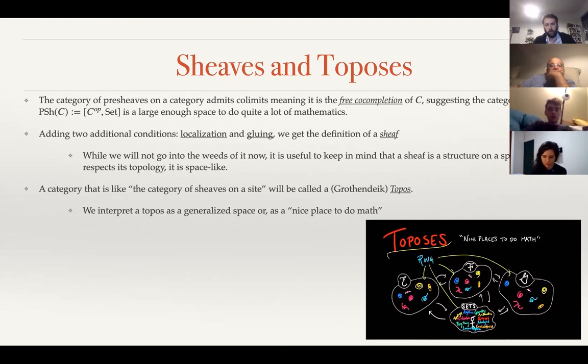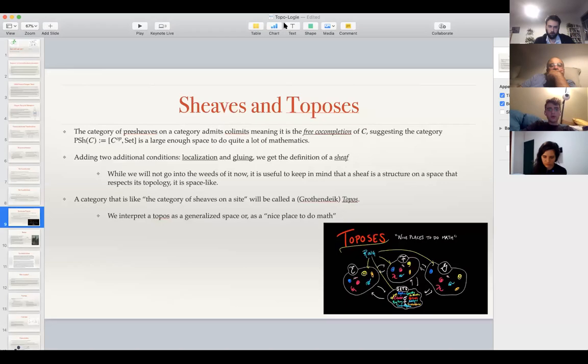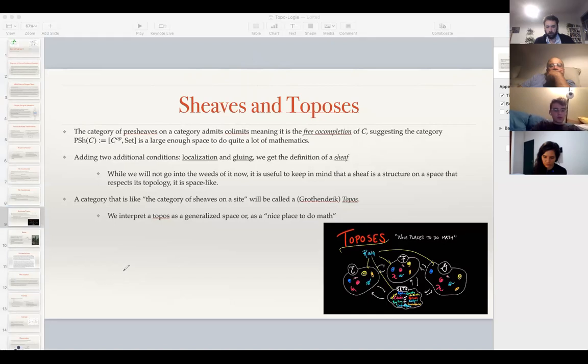What I mean by that, let me maybe draw it a little bit. If I have a category C, it's going to live in this little bubble. I'm going to make it pretty simple. We're going to have a few points. Maybe there's a morphism here.